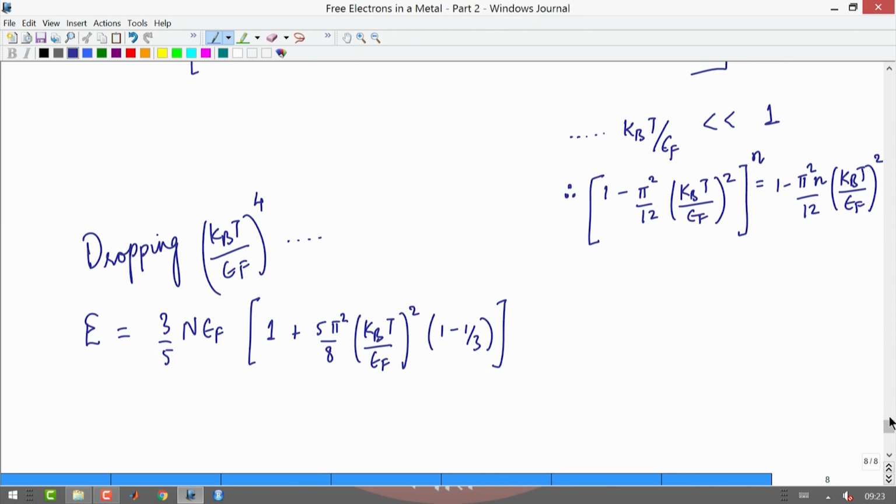And this is nothing but I can write it as 2 by 3, and so this is nothing but 5 by 12, okay. Just the simplifications that I have used here.